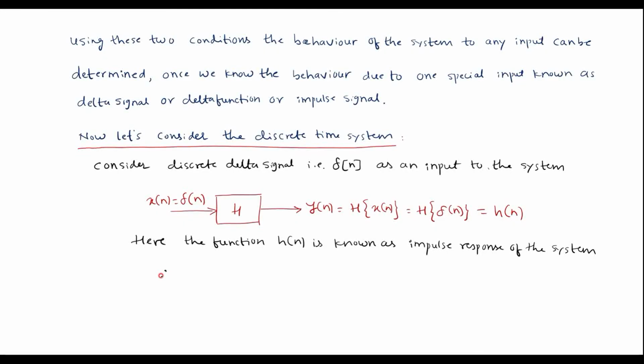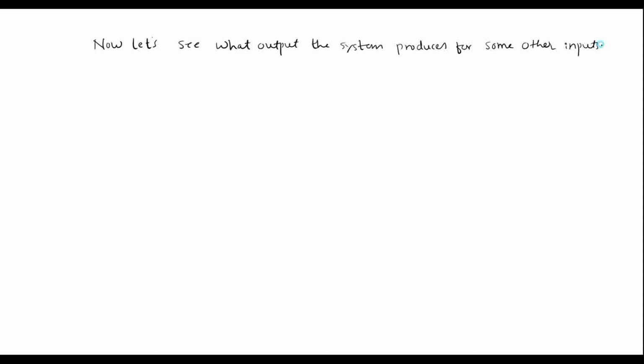Therefore, now I can write h of n is equal to H of delta of n. We'll call it equation number 1. Now we can say that when the input signal delta of n is applied to the system, it produces the output h of n.